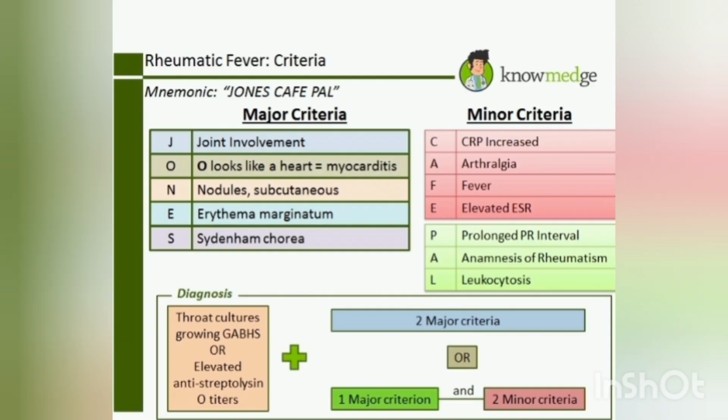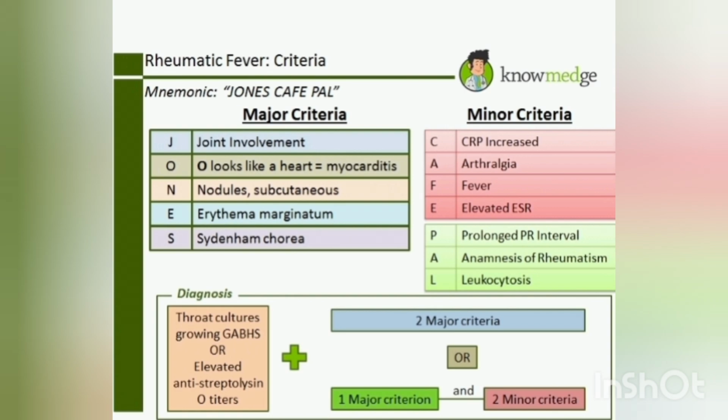The diagnostic criteria for acute rheumatic fever is the modified Jones criteria, modified in 2015. Earlier, anti-streptolysin O titer was also part of the Jones criteria, but now it is not. The Jones criteria consists of major criteria and minor criteria.